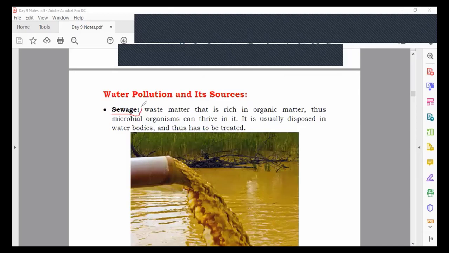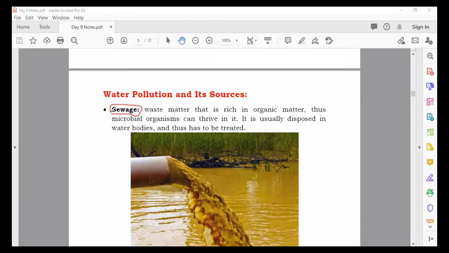Sewage means the water which is coming from our homes, and it contains waste, even human feces, and also, for example, cooking waste. This waste matter is rich in organic matter, so microbial organisms can thrive in it. It is usually disposed into our water bodies, and thus has to be treated.